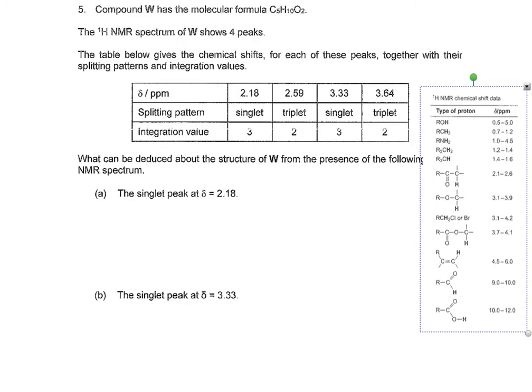And one final example. We've got C5H10O2 and we're told it has 4 peaks, so let's look at the peaks individually.